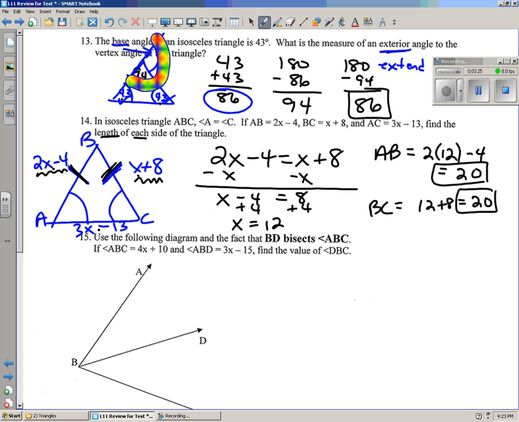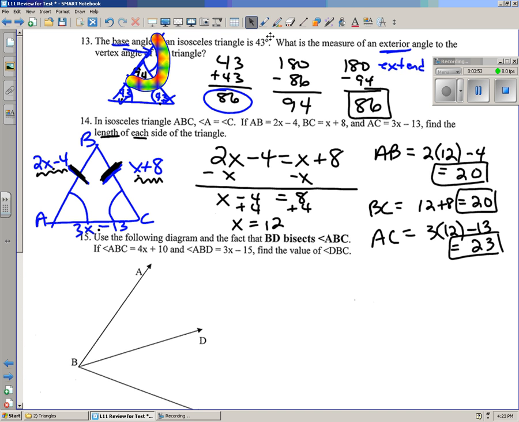Should not be a surprise at all that AB and BC are equal, because we said that before. These two sides were equal because they're across from the equal angles in an isosceles triangle. And then we have AC, which is 3 times 12 minus 13, which is 23. So there are the three sides. These all would classify as a correct answer.